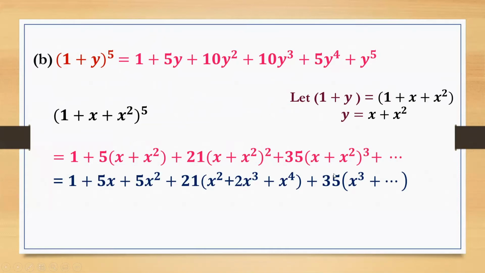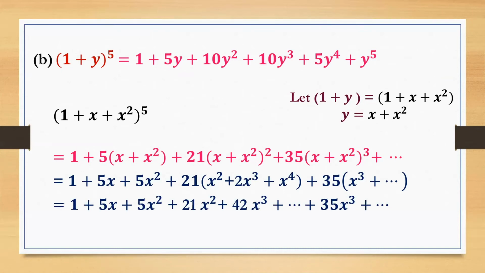Now here I'm going to consider only the first term, that is x³. Again, this is because in the question we have been asked to find as far as the term in x³. So expanding the brackets and adding the like terms will give me 1 + 5x + 26x² + 77x³.